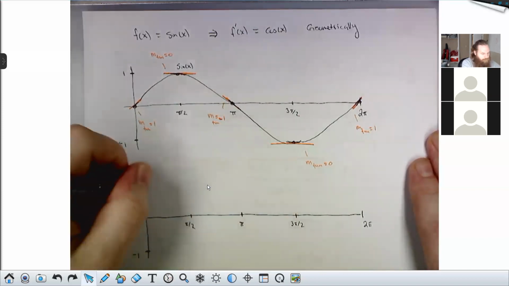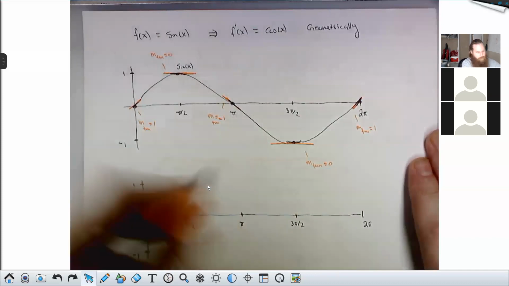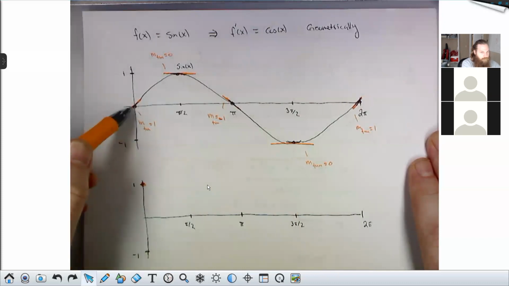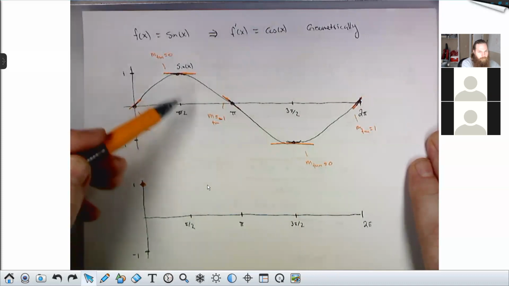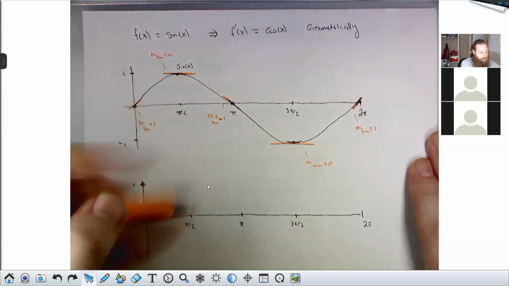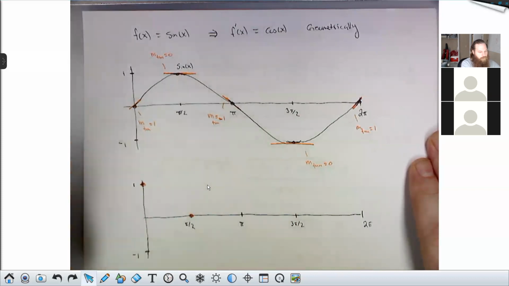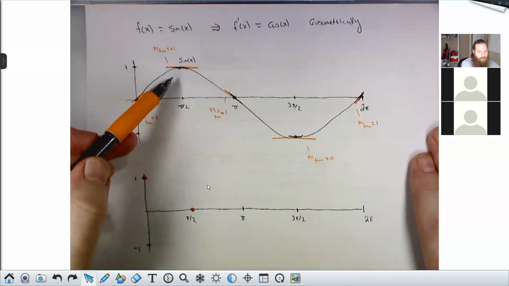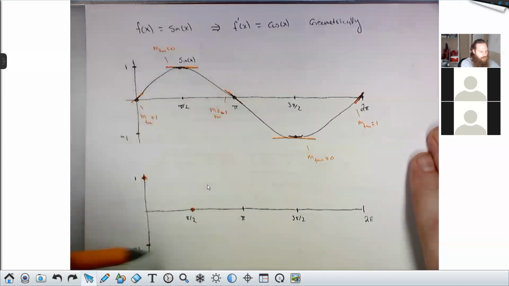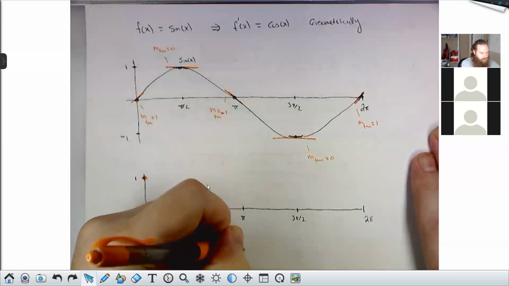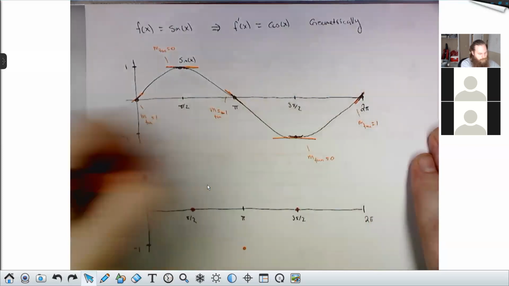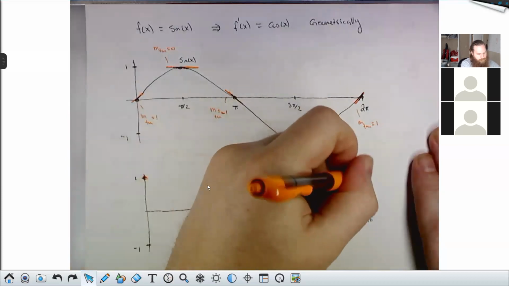Zero, 1 would be on the graph of my derivative, because when x is equal to 0, the slope of the tangent line here appears to be 1. Pi over 2, 0 would be on the graph of my derivative, because when x is pi over 2, the slope of the tangent line is 0. Pi, -1 would be on the graph of my derivative. 3 pi over 2, 0, and 2 pi, +1.